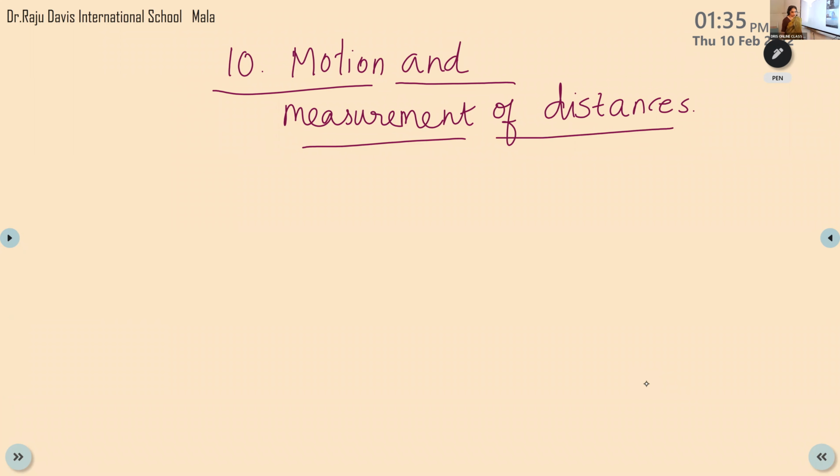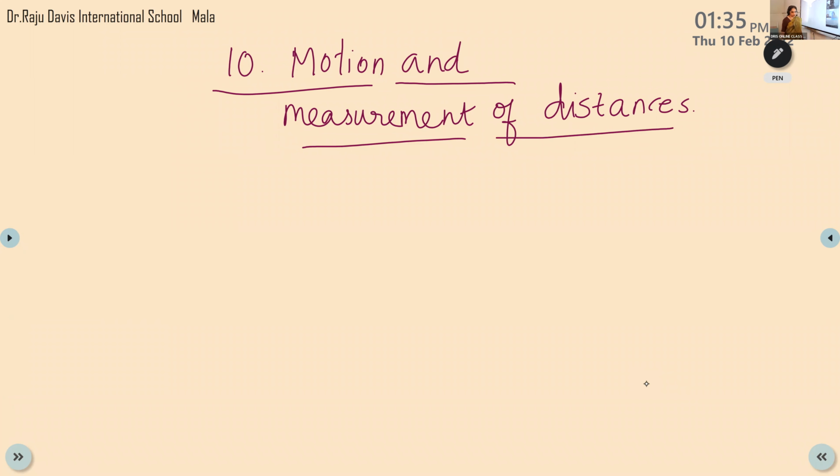Who can tell me more clearly? Yes, Jeline. These are the objects that change position within time. Okay, change in the position of an object with time. If there is a change in the position of an object with time, we can say that object is in motion.